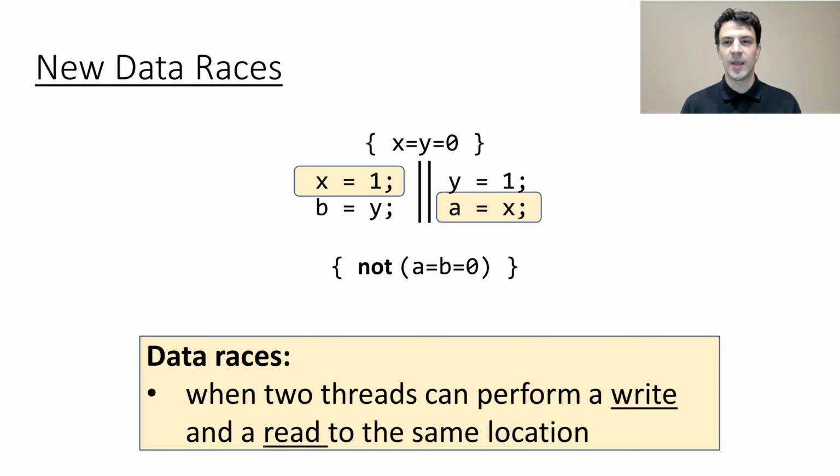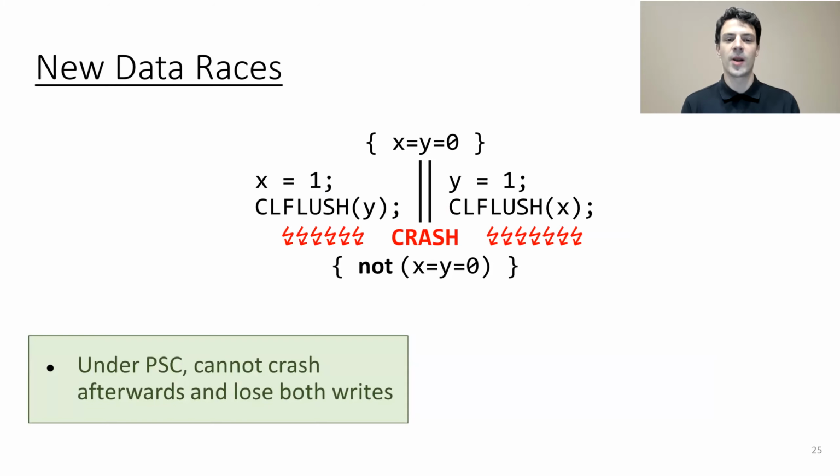So we have a similar approach for the persistency. We consider this example where after a write to x, we perform a flush to y, and then on the right-hand side, after a write to y, we perform a flush to x. And then a crash happens. Under persistent sequential consistency, it cannot be that after the crash, we lose both a write to x and the write to y.